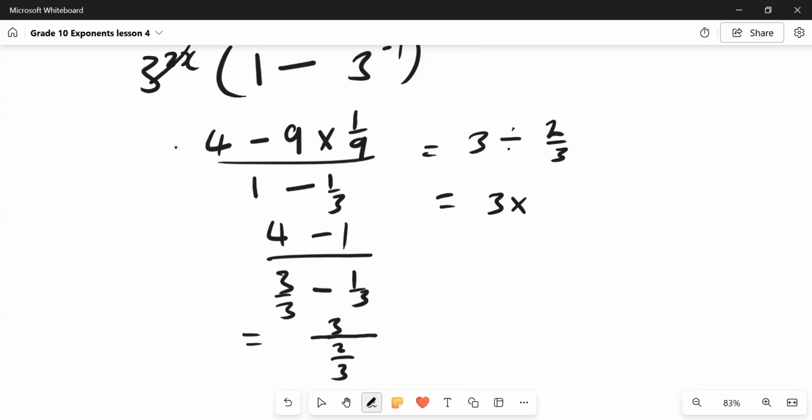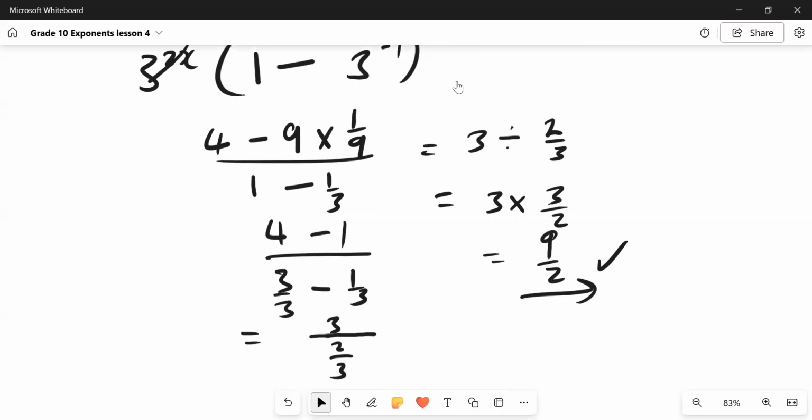And then this is 3 times 3 over 2, which is 9 over 2. Or you can just use your calculator. Simple as that.